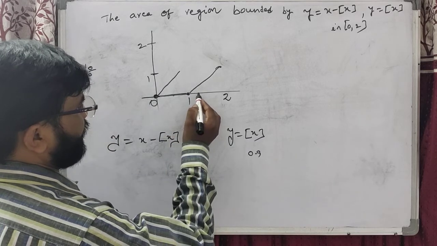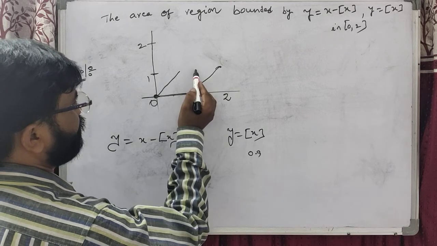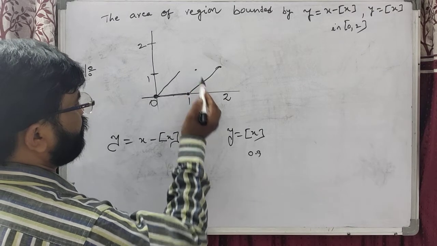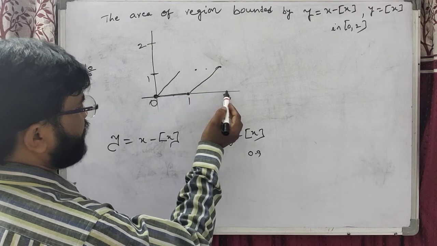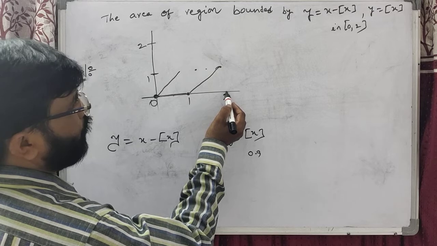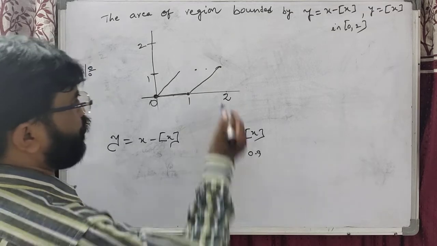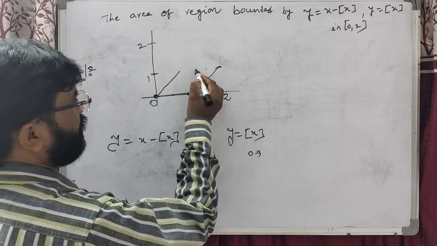When we take 1.1, it is 1. 1.5 is 1. Except this one, students, the complete interval except 2. When we take 1.9, it is also 1.